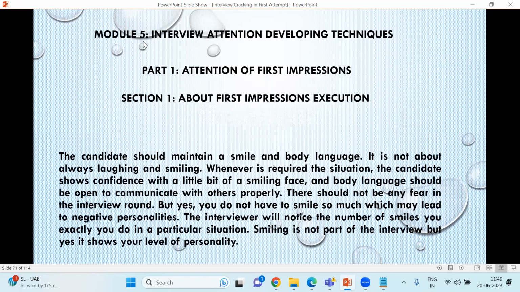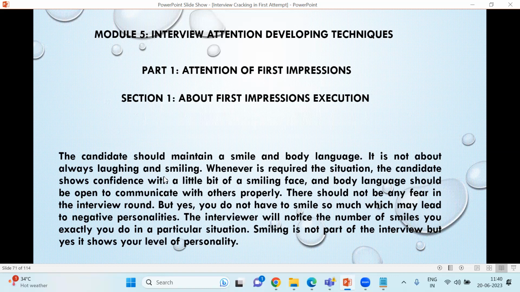Module 5, Interview Attention Developing Techniques, Part 1, Attention of First Impressions. Section 1 is about first impressions executions. This section is all about how the candidate should maintain a smile and body language.